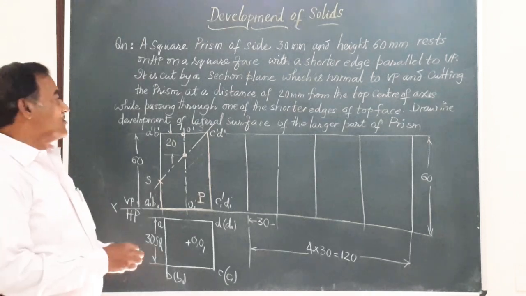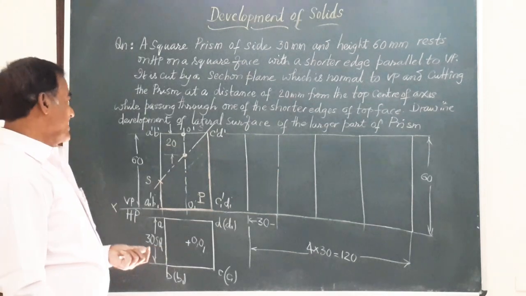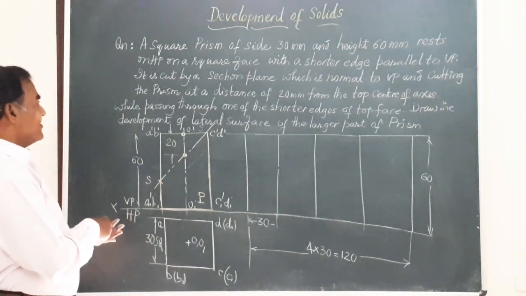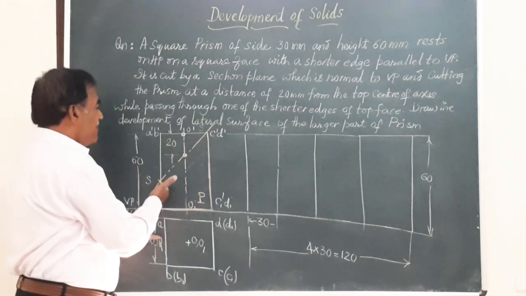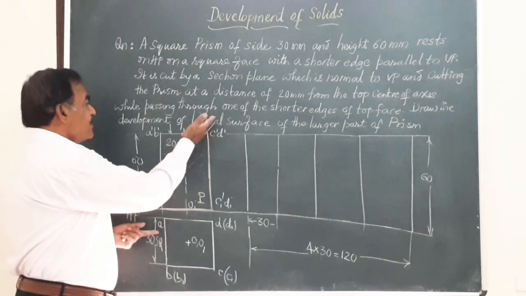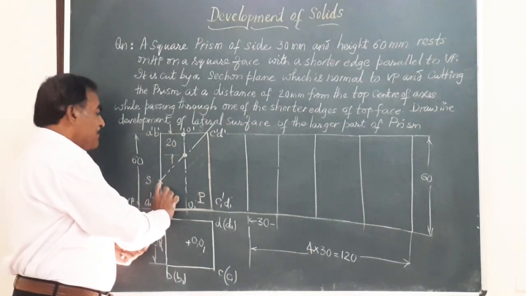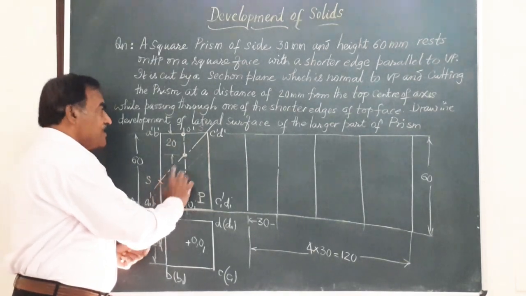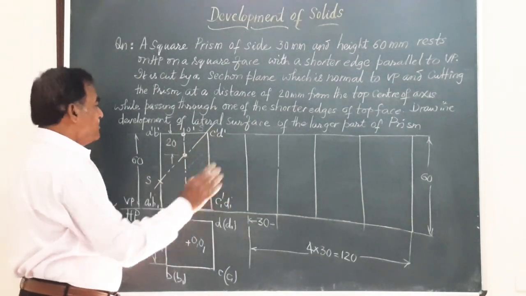So now we have to mark all these points in the development. So how to mark it? Friends, before marking, you can see here the section plane. After removing this part, there is a part of AA remaining, BB is also remaining, CC and DD are completely available, means they are not removed.